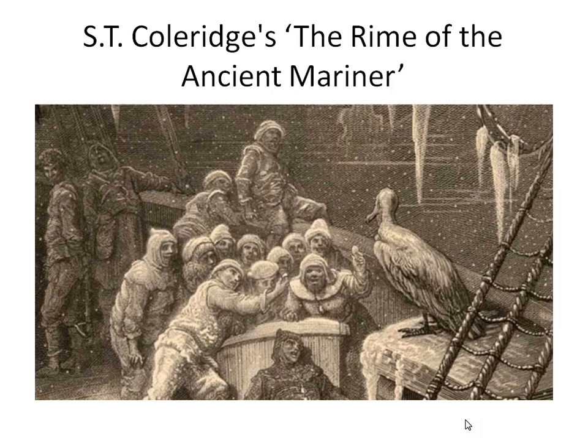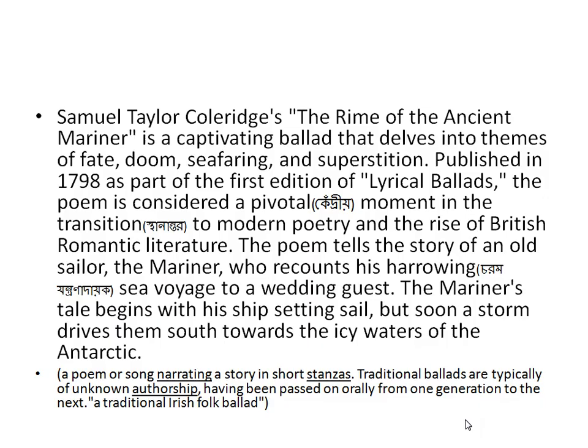But if you ask, why did the mariner kill the albatross? There is no logic. For a whimsical reason, without any reason, without anything. Okay, the mariner shot the albatross and killed this beautiful bird.